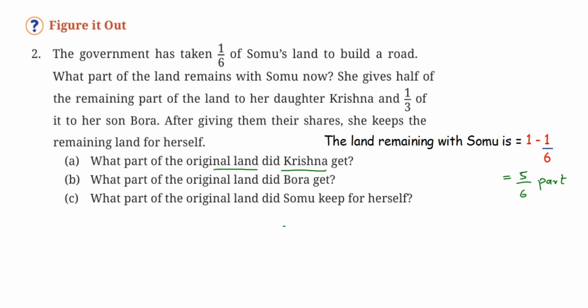So here Somu gave half of the remaining part of the land to her daughter Krishna. So Krishna got half of what is left with Somu. So this is our first equation.